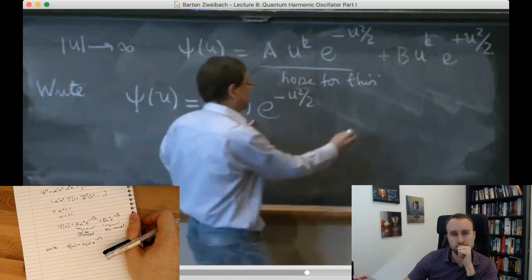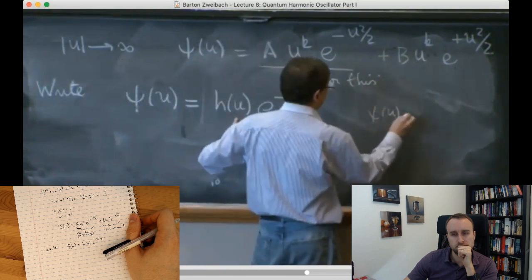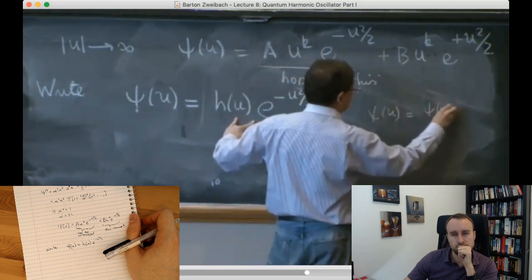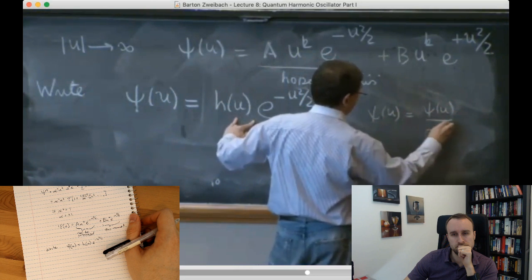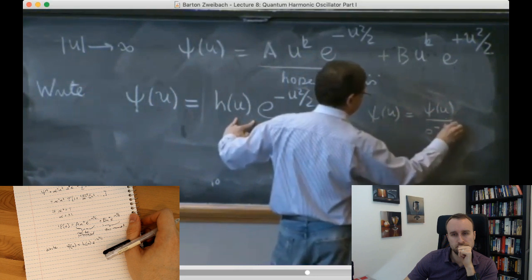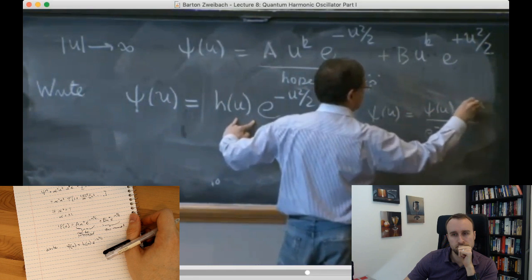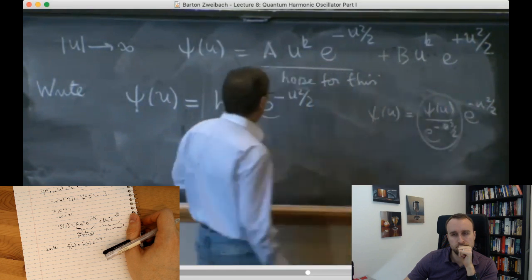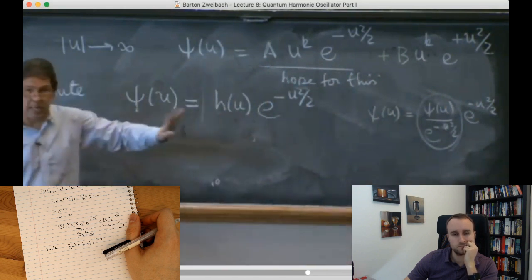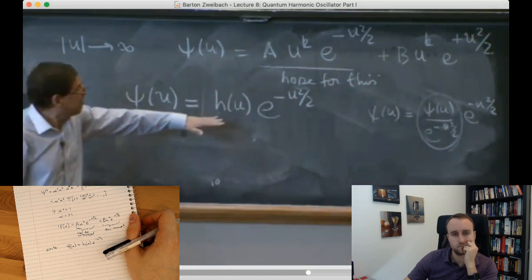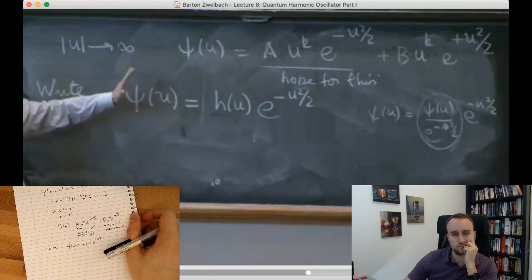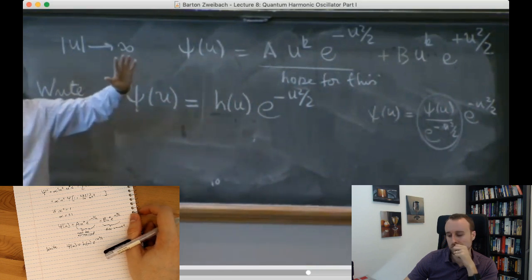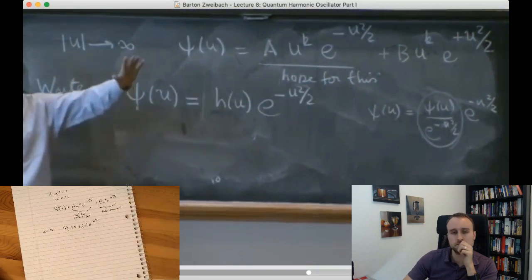Why? Because if you have a psi of u, you can write it as psi of u over e to the minus u squared over 2, times e to the minus u squared over 2. Very trivially, this can always be done as long as we say that h is arbitrary. There's no constraint here. I have not assumed anything.